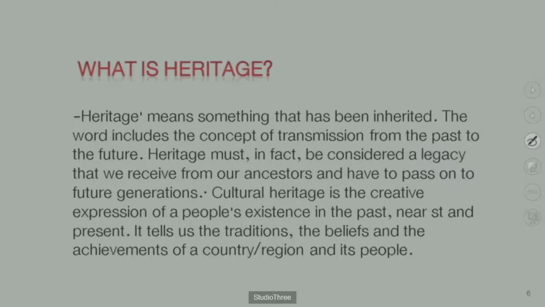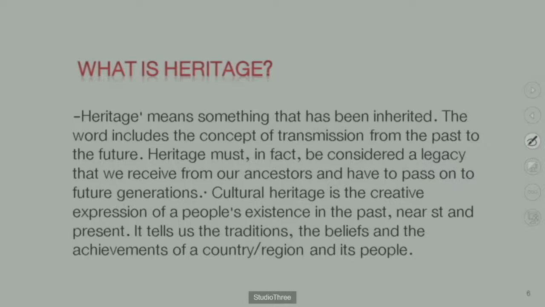It gives us a lesson about who our ancestors were and what work they did for us. Friends, they have done fabulous work for us which we can't imagine today, but that exists in reality. The cultural heritage is really a creative expression of people's existence in the past and present.